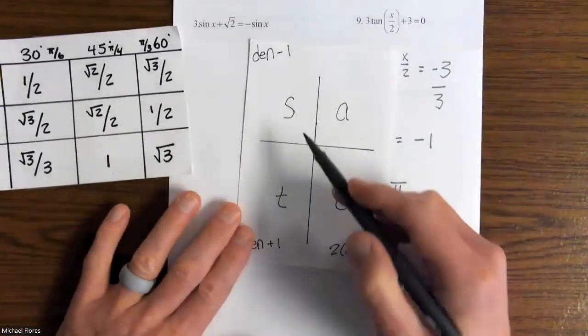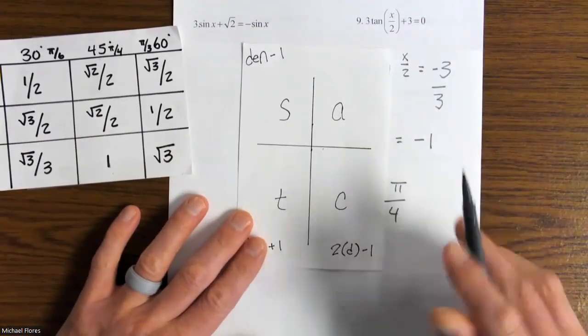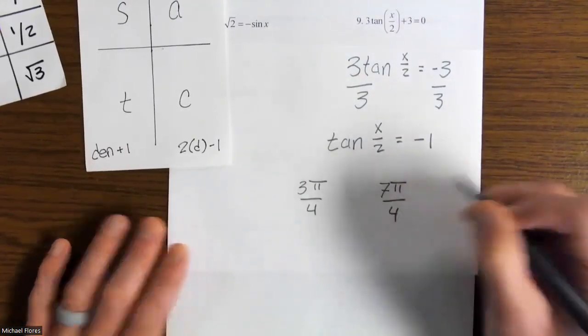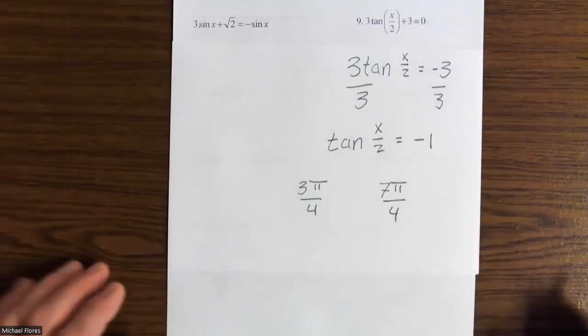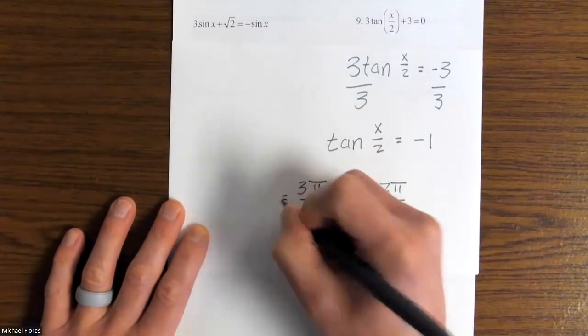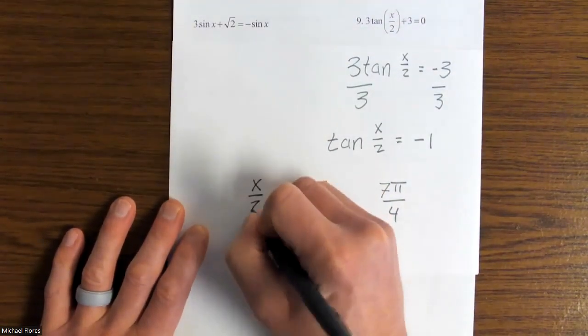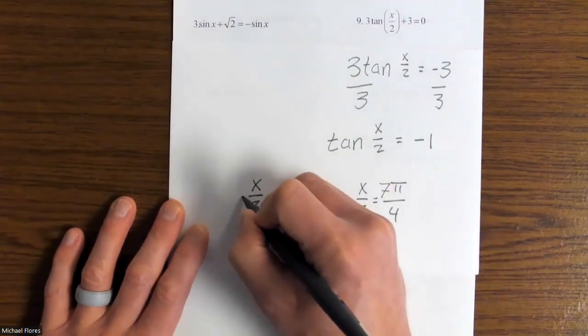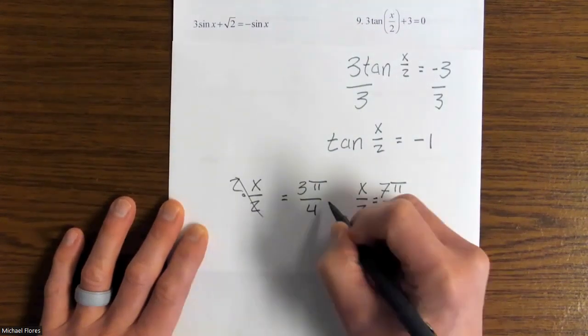Tangent is negative in quadrants 2 and 4. Okay, we're now going to take both of these answers and set them equal to x over 2. In order to solve, multiply both sides by 2.